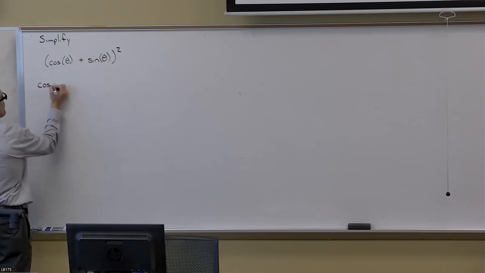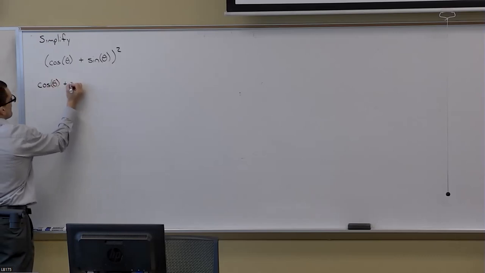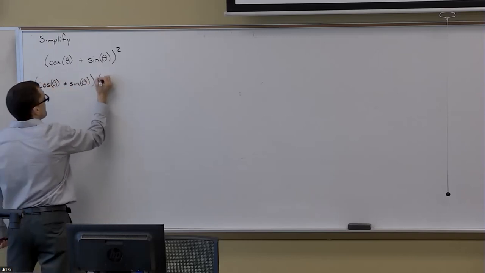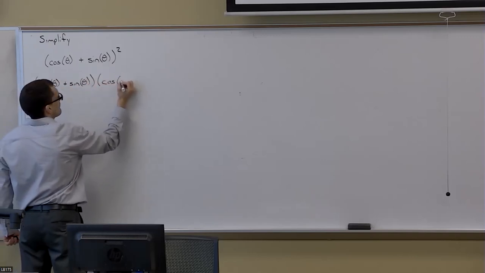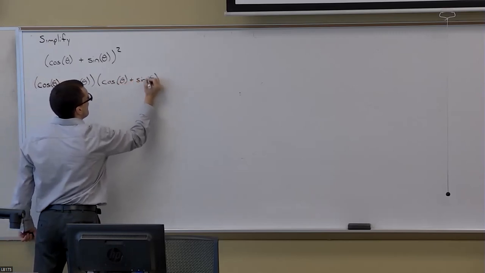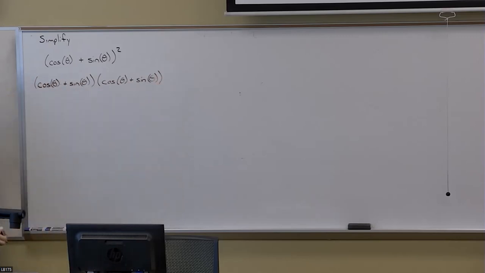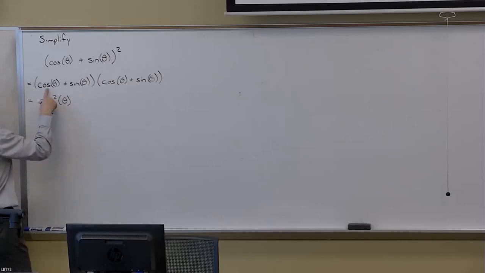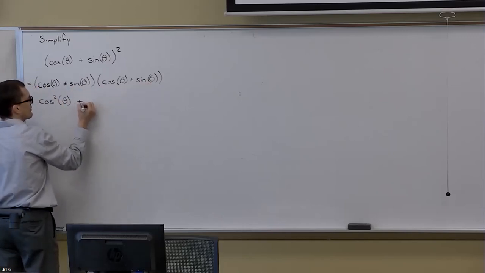Well, that means I'm going to take cosine theta plus sine theta and multiply it times itself. Cosine times cosine is cosine squared. Cosine times sine is just that, cosine times sine.